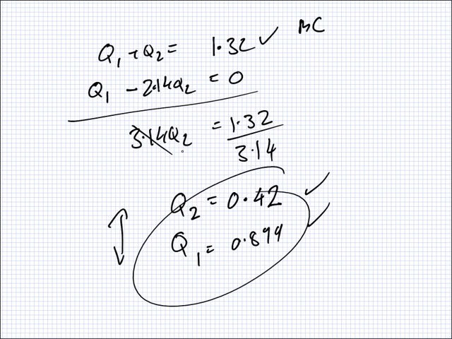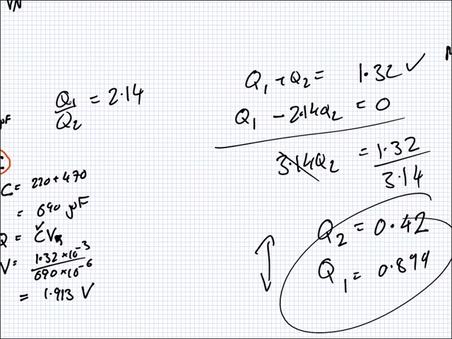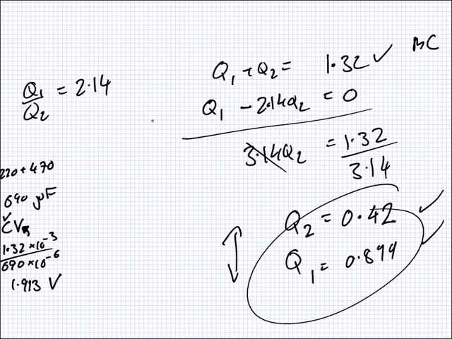This one is right. Maybe you have this one wrong? You said Q1 over Q2 is this. Maybe you mean Q2 over Q1.